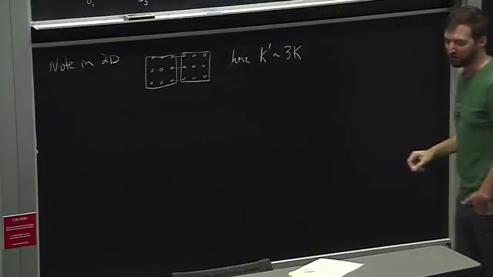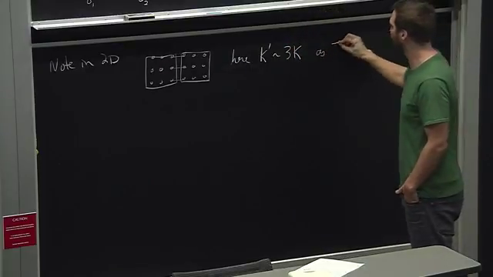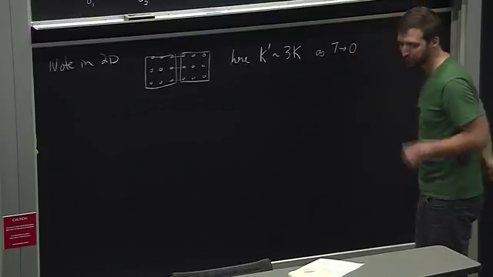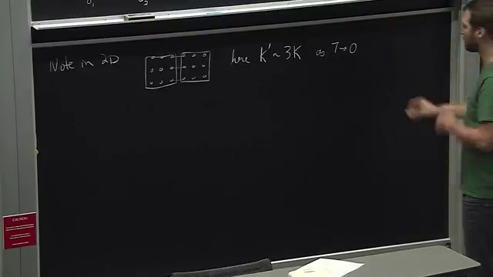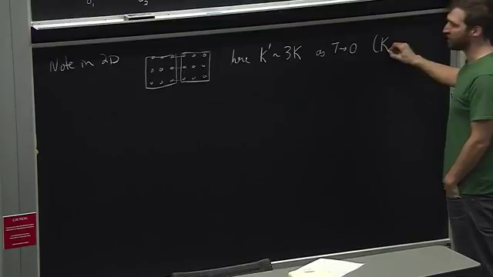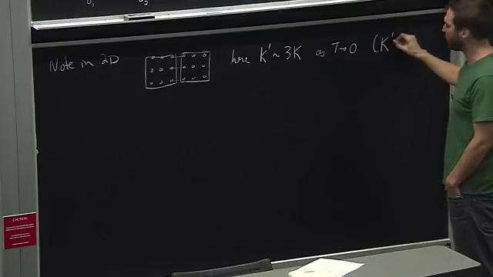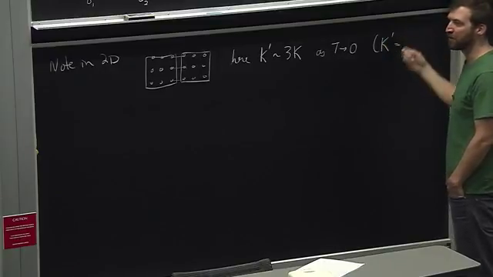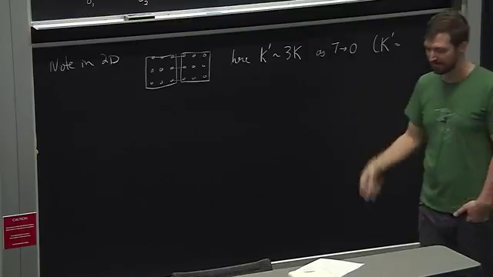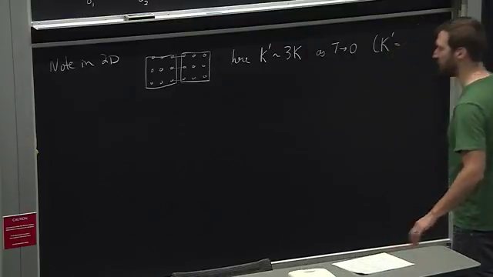This is just a very simple argument, but more generally, K prime would be, B is 3, so B to the D minus 1.